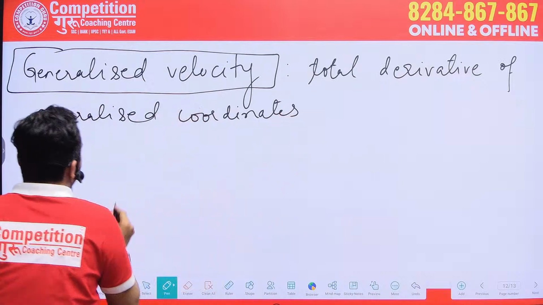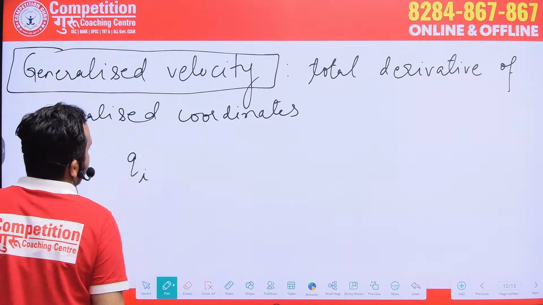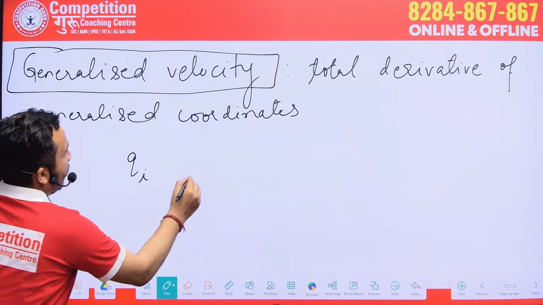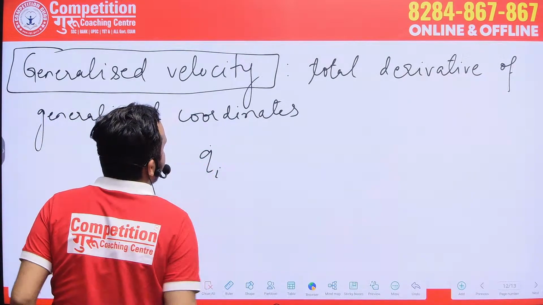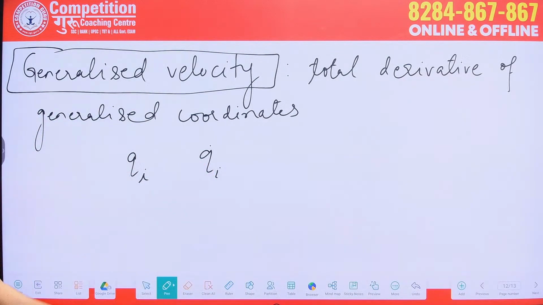For example, if qi is the generalized coordinate, then qi dot will represent the generalized velocity.